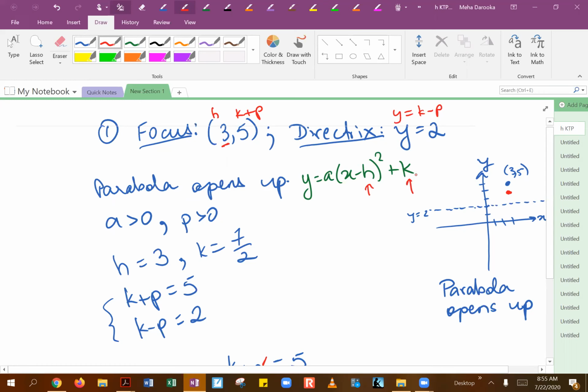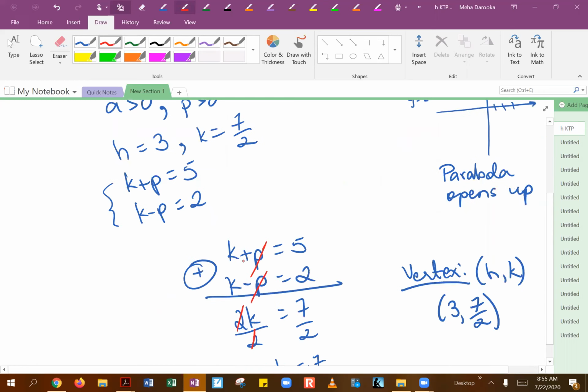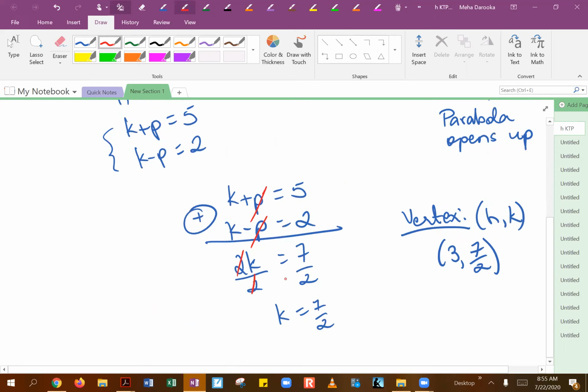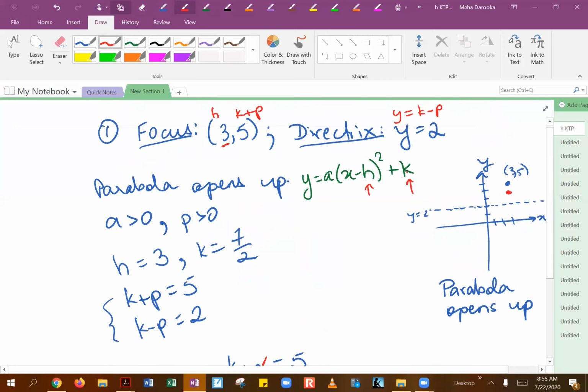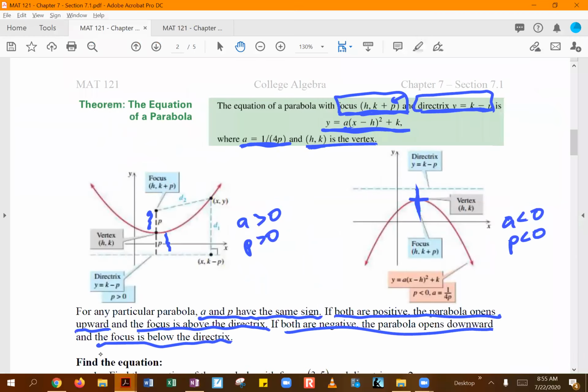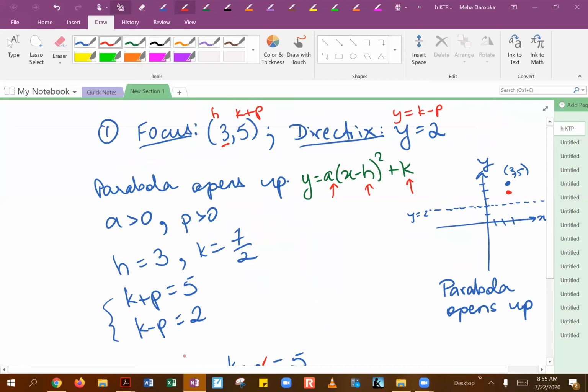We found the value of k by solving k plus p equals 5 and k minus p equals 2, which gave k equals 7/2. So we've found k, we already knew h, and the only thing remaining to find in this equation is the a value. Remember the relationship between a and p: a equals 1 divided by 4p.